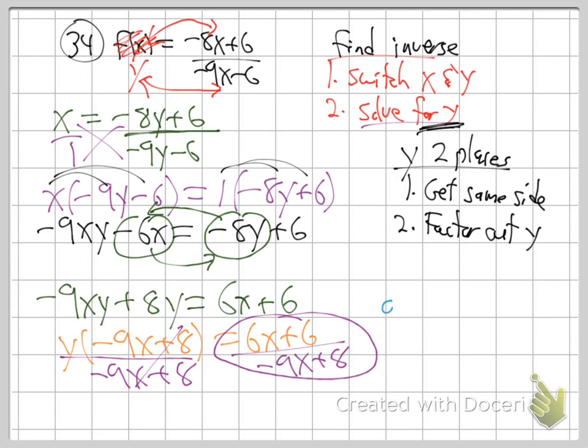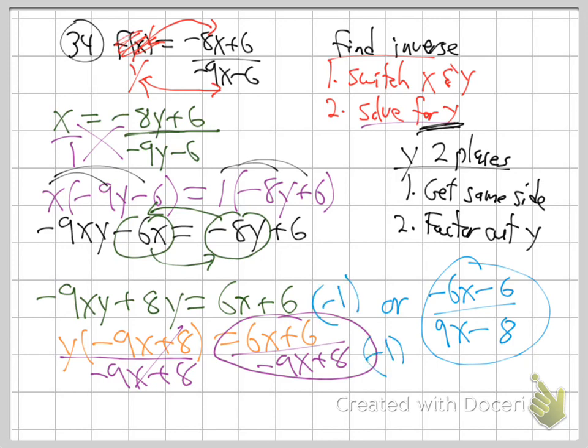So if I'll say minus 6x minus 6 over 9x minus 8. That's the same answer. Would you recognize that as the same answer? See how the top and bottom were just multiplied by -1? See how both became negative and positive negative?